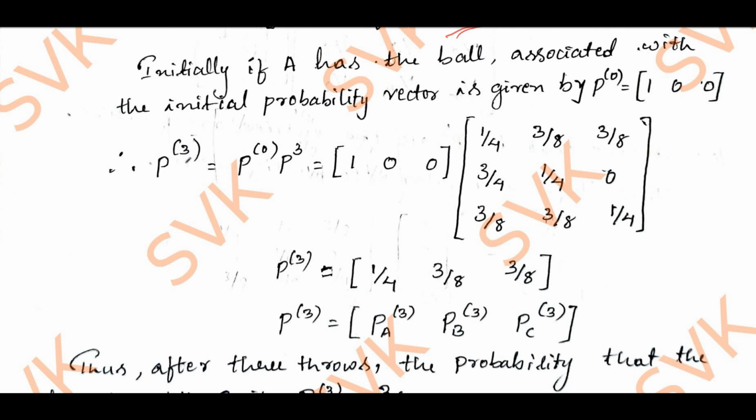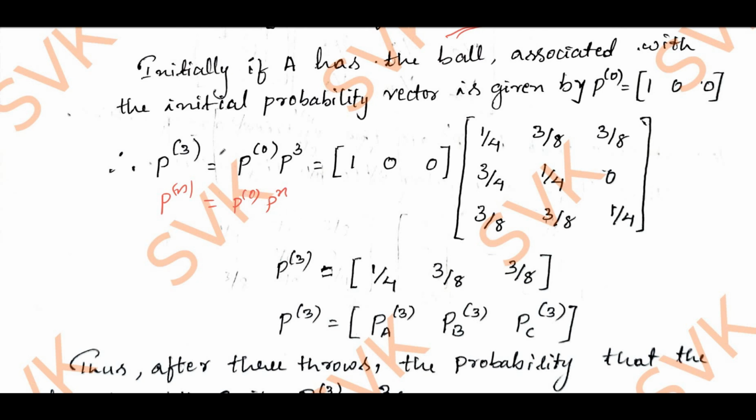That's all. So here first I will find P3 in the general way. It is given by the formula: P of n will be given by P0 multiplied with P power n.